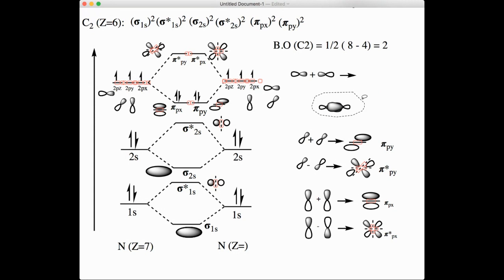It could look pretty much like this. That's a combination of two pz. Does the order of y and x matter? No, it doesn't matter. What I care about the most is that you guys know the orientation, okay? So guys, this is the combination, in this case, of the ones that I labeled as pz. The combination of these two leads to this bonding molecular orbital.